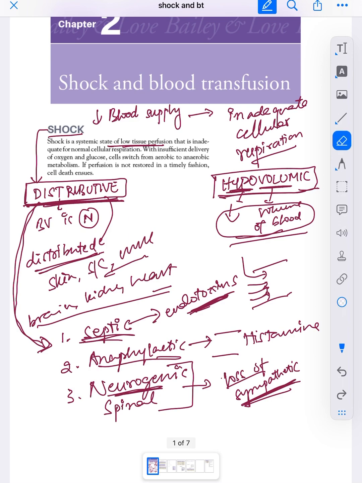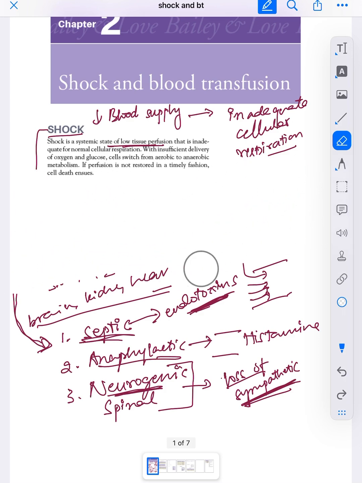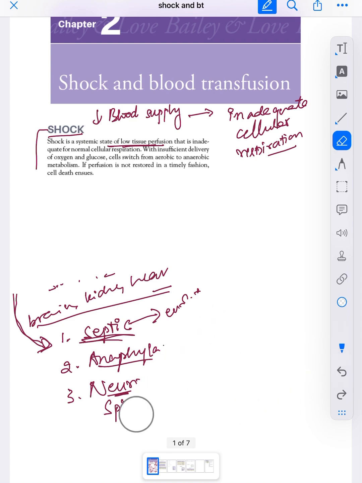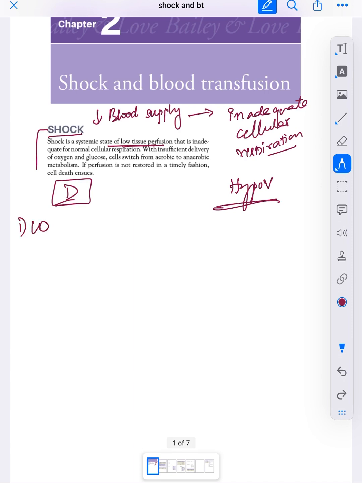let's just see a few physiological parameters which get changed in these two shocks, distributive shock and the hypovolemic shock. Okay, so first tell me what happens to the cardiac output.